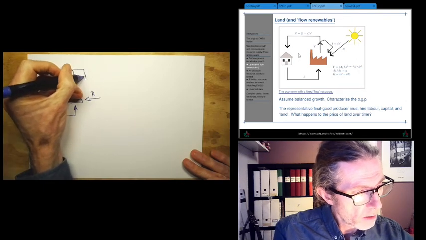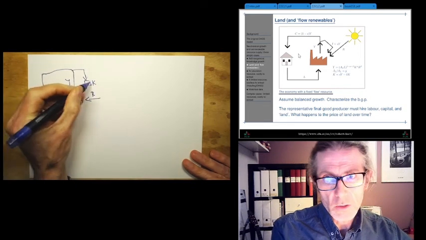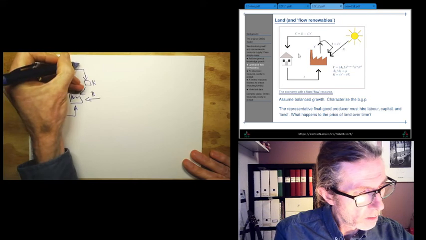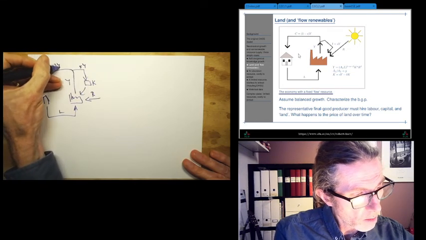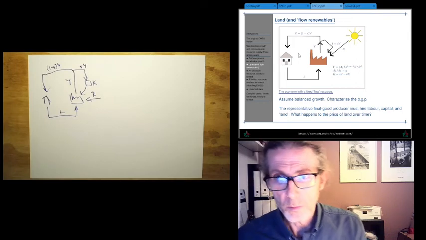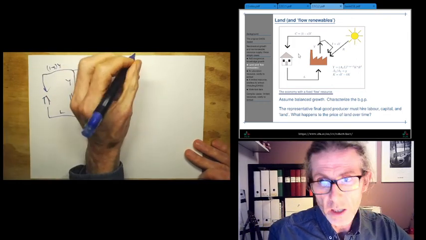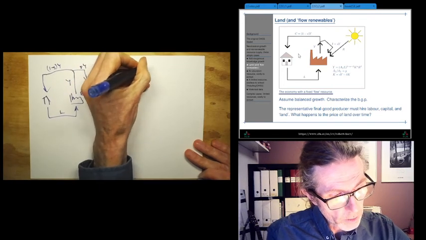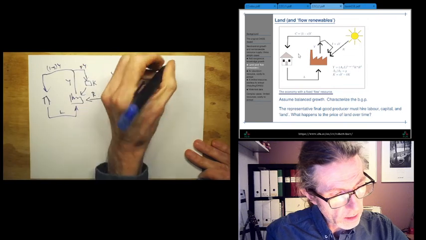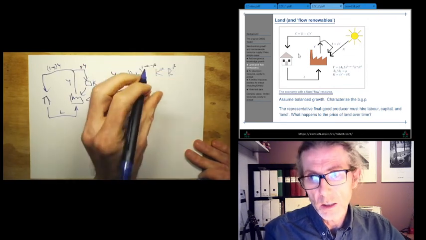Okay, and we get out Y. Some of it we stick into capital. Some of it we consume. And we've got that Y is AL to the 1 minus alpha minus beta, K to the alpha, R to the beta.